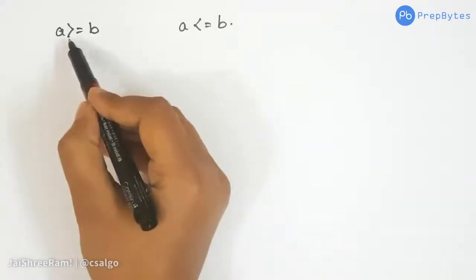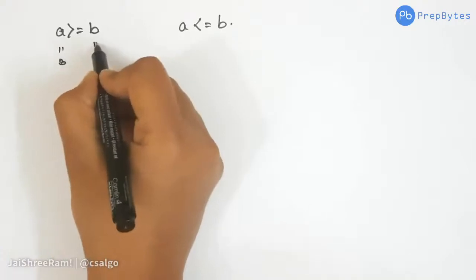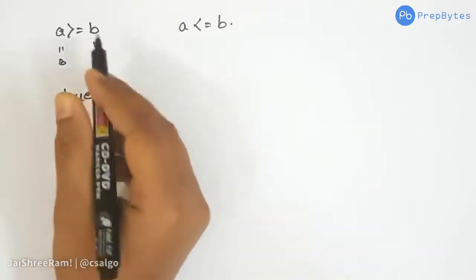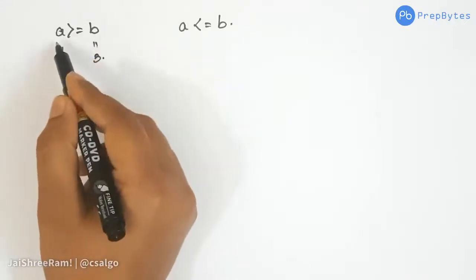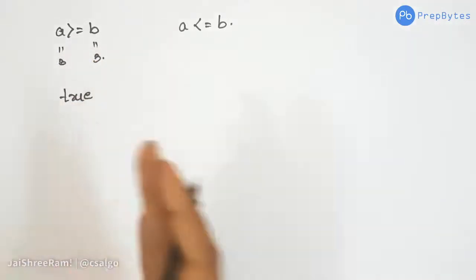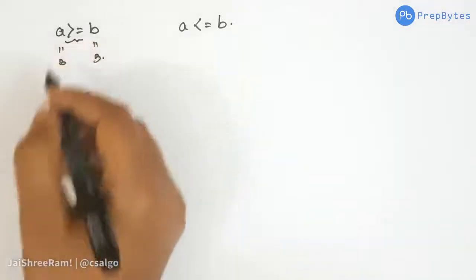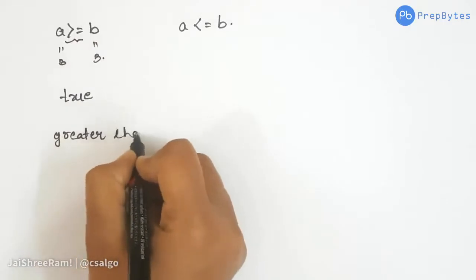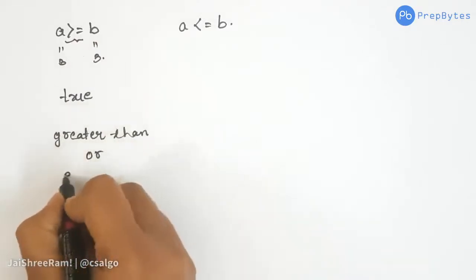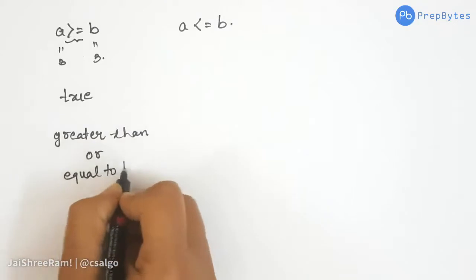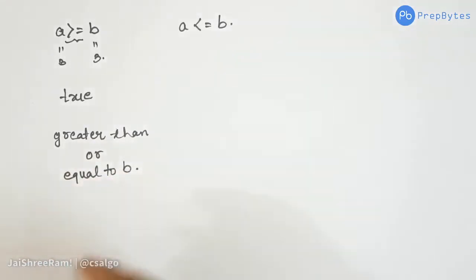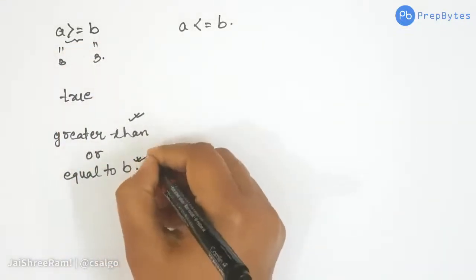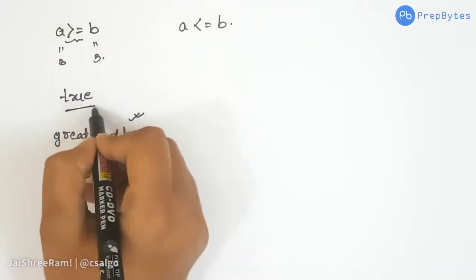But here, if A is equal to 3 and B is equal to 3, we get the output as true, because we are checking whether A is greater than or equal to B. So this is how we check whether A is greater than or equal to B. Even if A is greater than B or if A is equal to B, the output will be true.